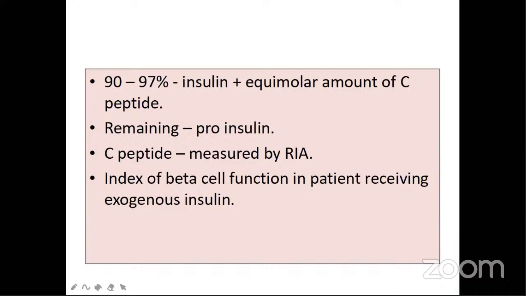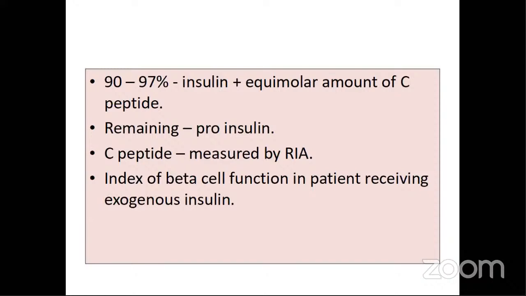That means if we are giving insulin to a patient with diabetes, and you want to see how much insulin is being produced from his body, that is, the beta cell function of that patient, you can assess it by measuring the C-peptide.